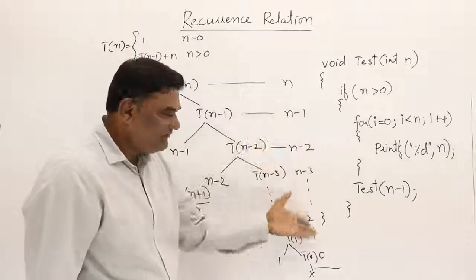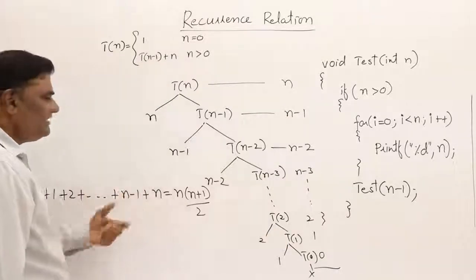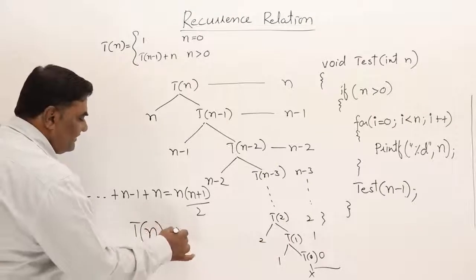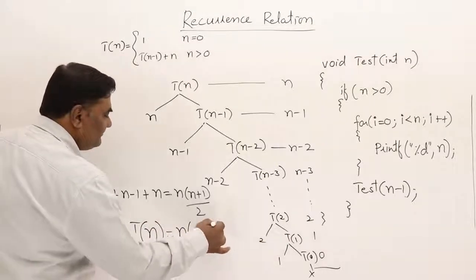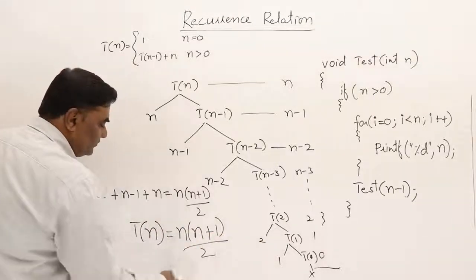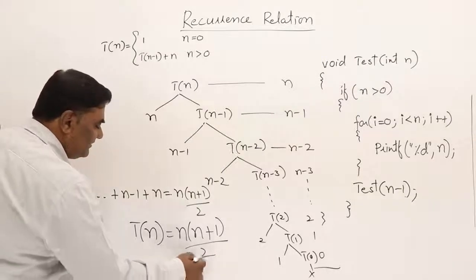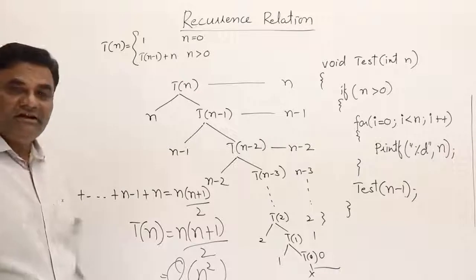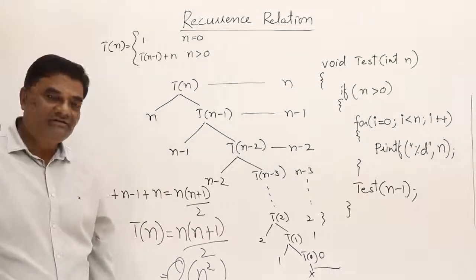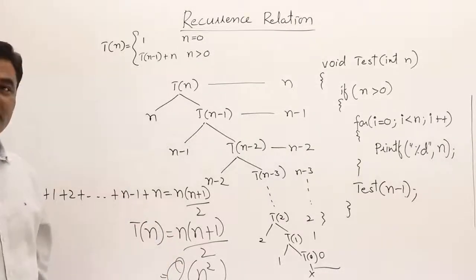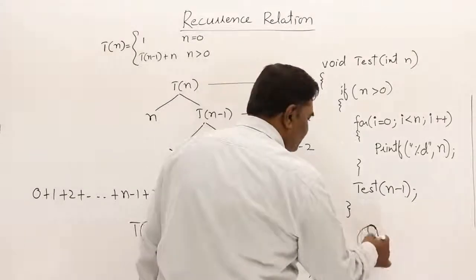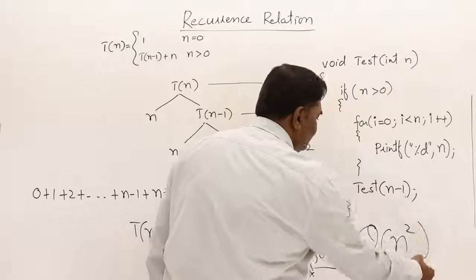So I have added all of them. So the total time is n into n plus 1 by 2. So Tn, we got the answer as n into n plus 1 by 2, and this is n square. Now you write theta, big O, whatever, it is n square. So the time taken by this algorithm is n square.